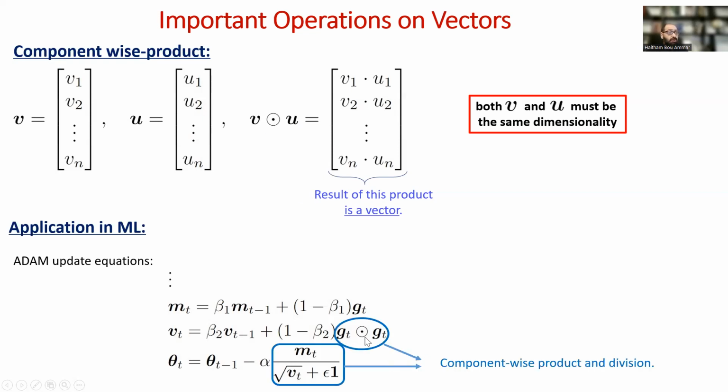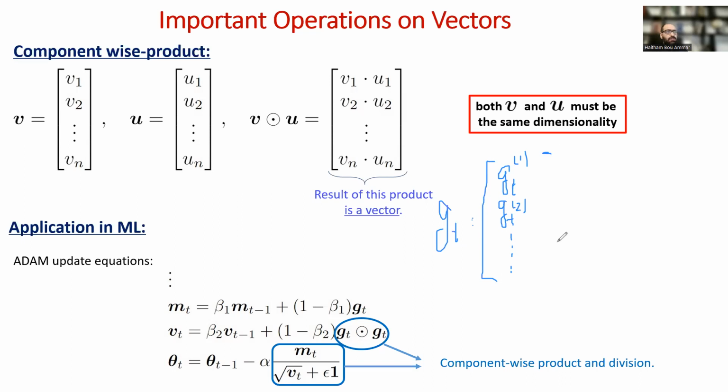So here you have a component-wise multiplication, as I said. In Adam, gt is your gradient vector. And that's a vector where you have the gradient across the first weight and the second weight and so on, up to however many weights you have.